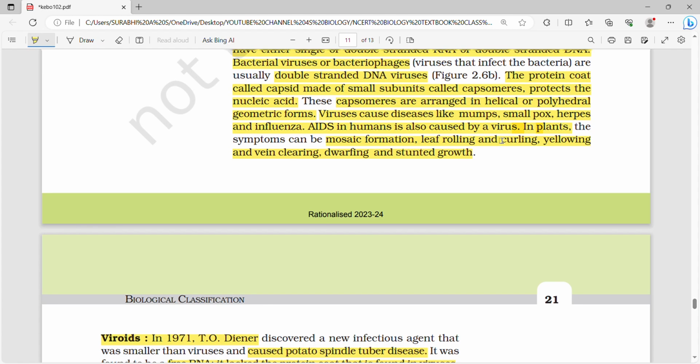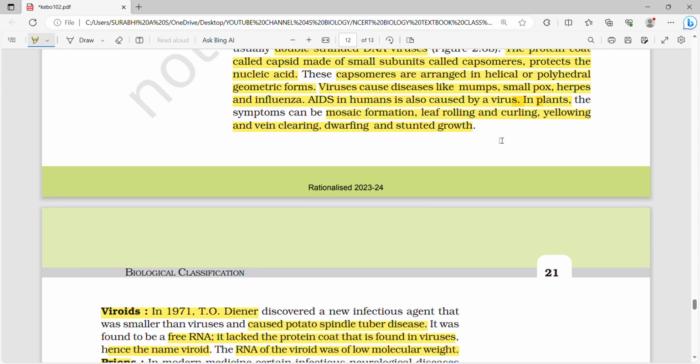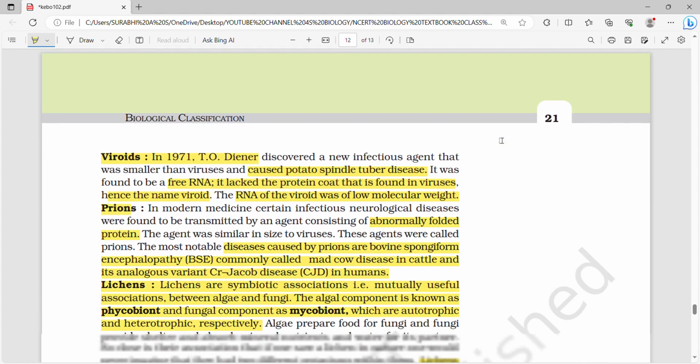These are arranged in the helical form. Virus causing diseases are like mumps, smallpox, herpes, influenza, and AIDS in humans is also caused by virus. In plants, mosaic formation, leaf rolling and curling, yellowing and vein clearing, dwarfing and stunted growth is caused by virus.